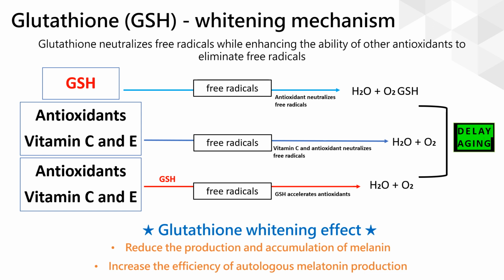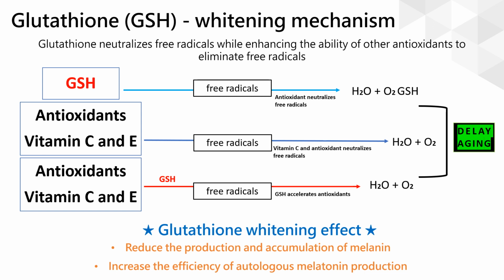So first, let's discuss how glutathione works in whitening, its mechanism. Glutathione is a powerful antioxidant which neutralizes free radicals, enhancing the ability of antioxidants to delay aging by eliminating free radicals.